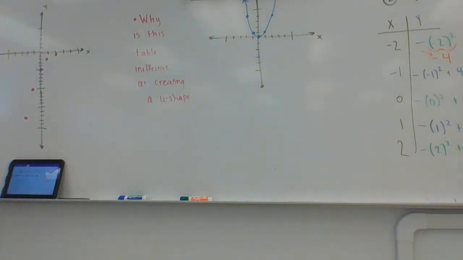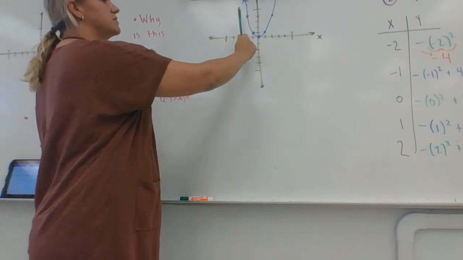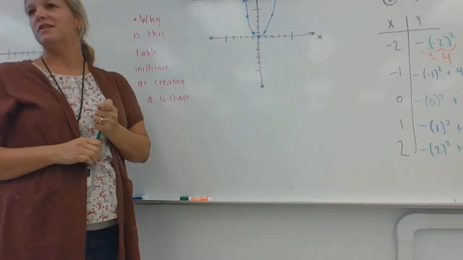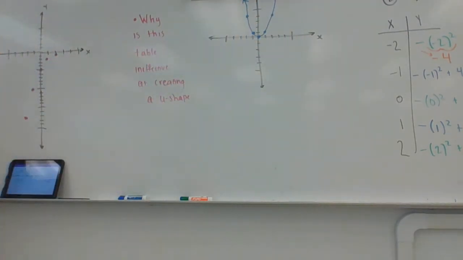How they look on the graph. Does anybody have any great ideas about why we're not seeing a full U shape? The table isn't symmetrical. Yeah, the points aren't coming out symmetrical. Here, the y's are the same and the x's are opposite. So we're not seeing the other side. Help us see the other side in the graph.